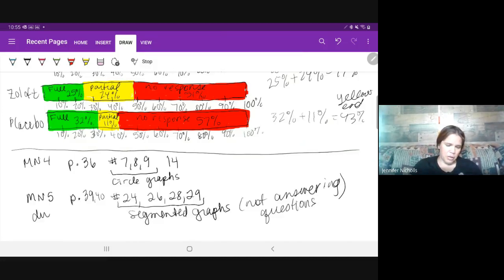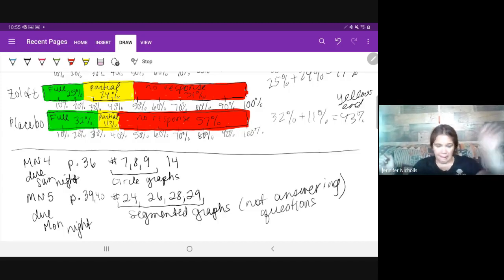This one's due Monday night. This one's due Sunday night. And you can be working on the segmented graphs during tutorial on Monday, and then I can help you if you get stuck. Okay, can everybody type, bye? And then you do need to go to your next class.